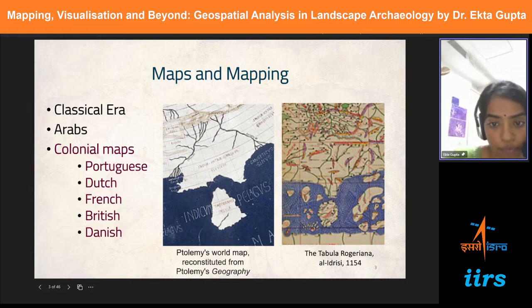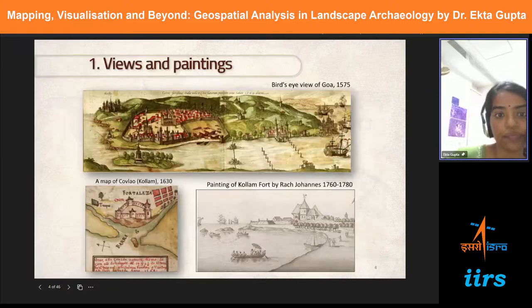So we find lots of maps of coastal India, particularly from the 16th century onwards. First the Portuguese came, they mapped, and then Dutch, then French, British, and Danish. So we have maps made by these people, and there are, I think, over thousands of maps available in various archives and libraries in India and across the world. So they have huge potential for archaeological investigation.